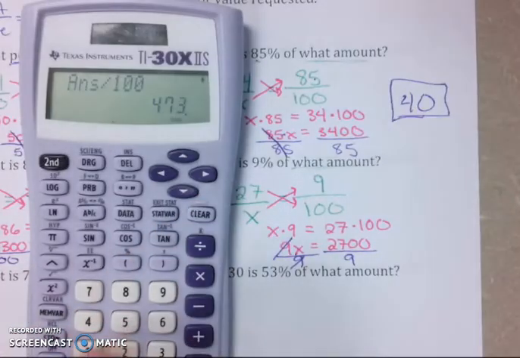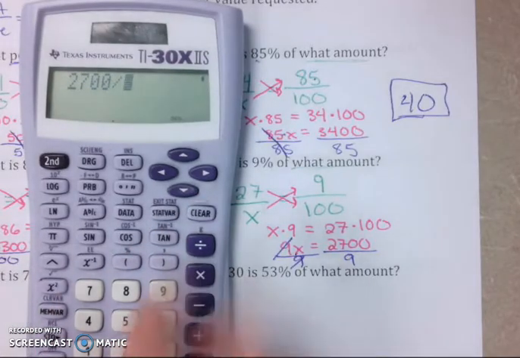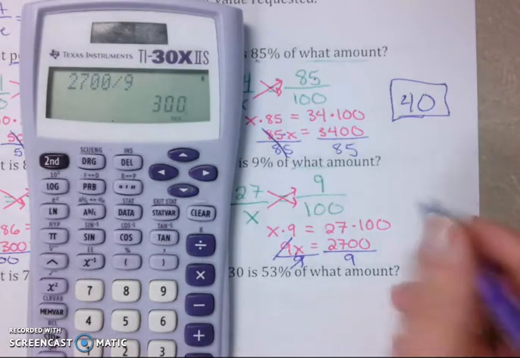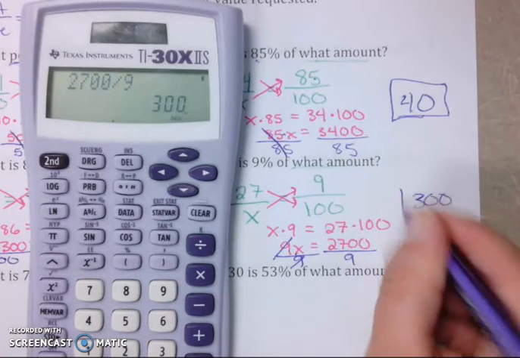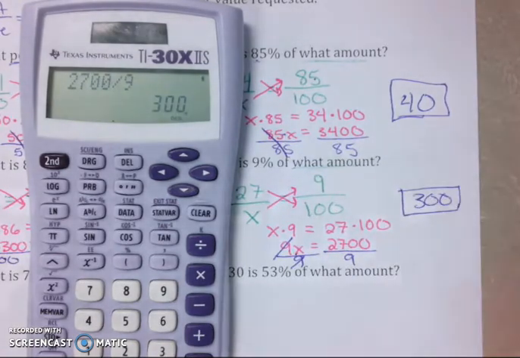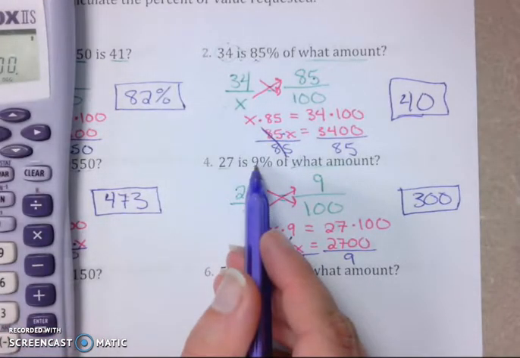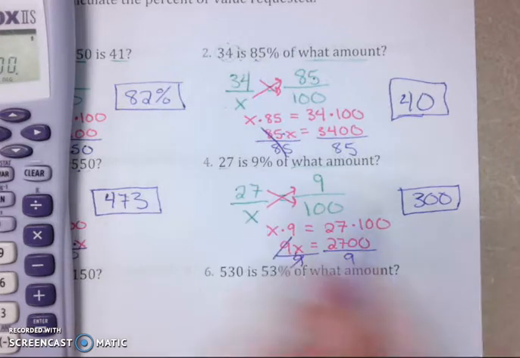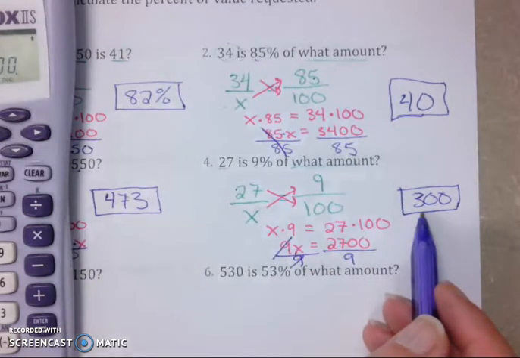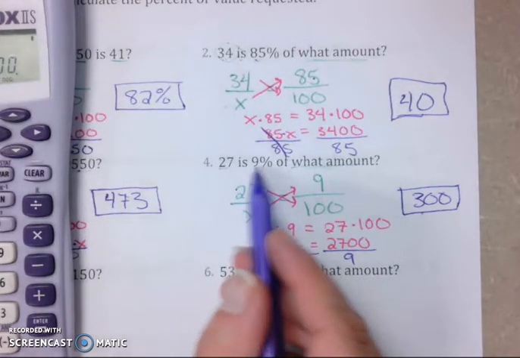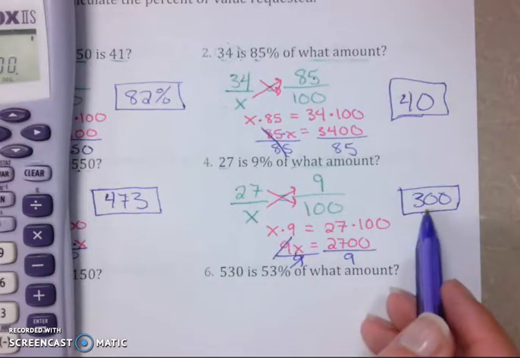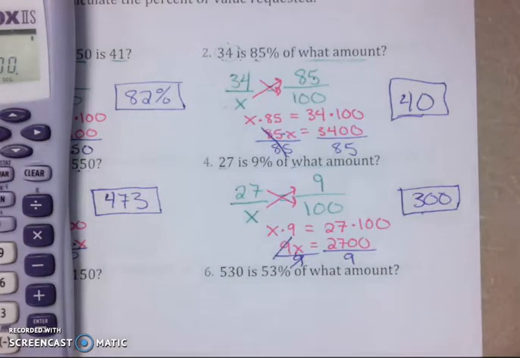Okay, so you're going to take 2700, divide by 9. I get 300. Does that make sense? 27 is 9%. That's a really small percent, so it must be a very large number. And it is a large number for 27. So that's almost 10%, and 10% of this would be 30. So yeah, my answer makes sense.